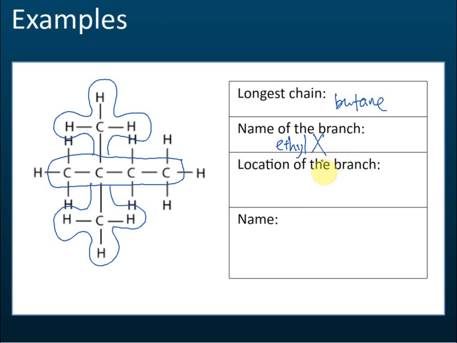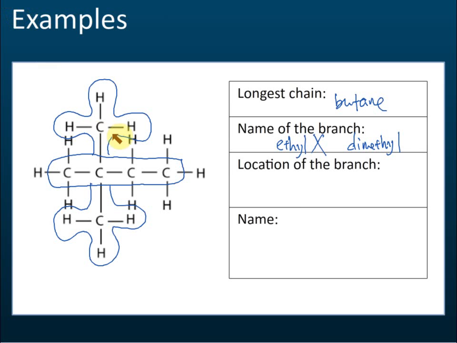That's not correct. Each branch has only 1 carbon, so the name is still methyl. But we have 2 branches, right? 2 methyl, and therefore we say it's dimethyl.